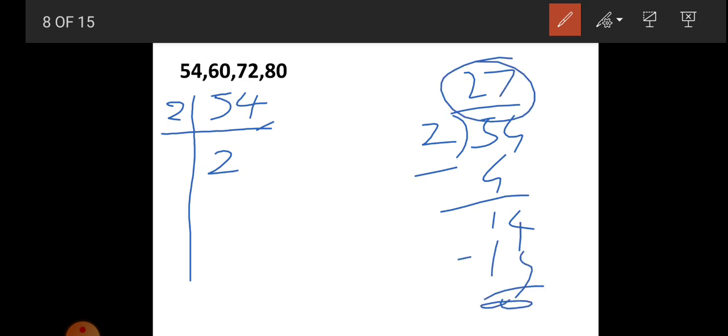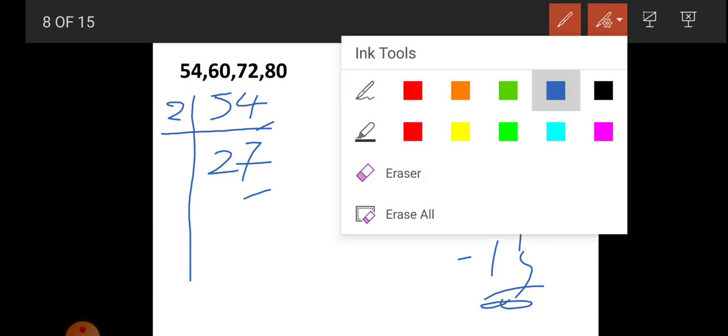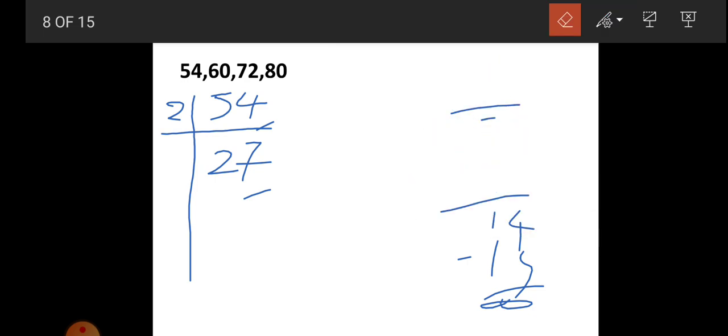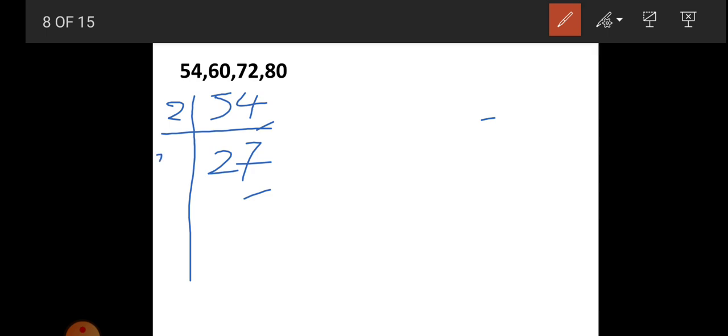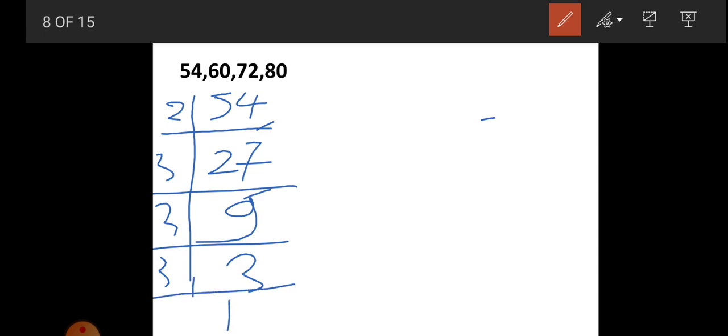So this quotient we write here. Then the last digit is 7, so 27 is not divisible by 2. So the next prime number is 3. 3 nines are 27, 3 threes are 9, and 3 ones are 3.